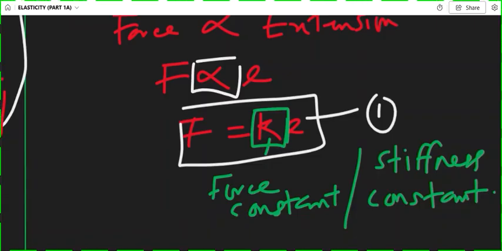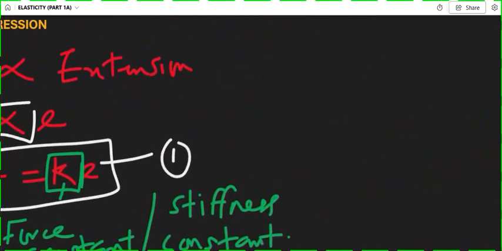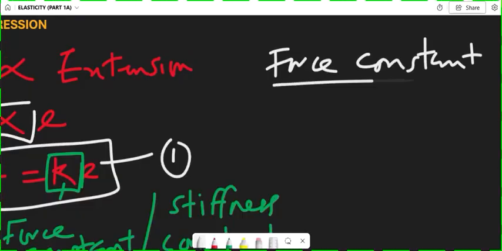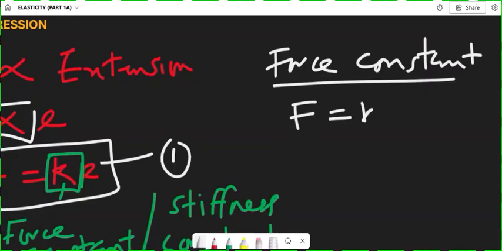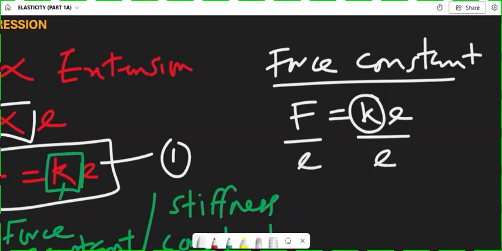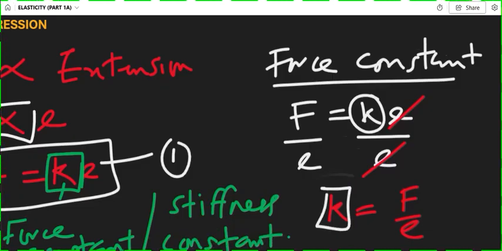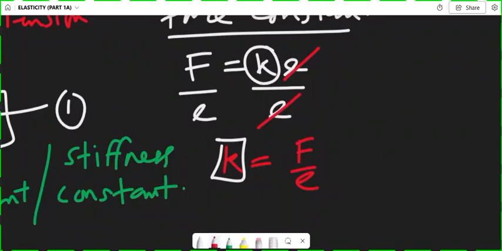Now, coming down to how we can get our force constant. If you look at it, we have F equals KE. And you know that K is your force constant. What are we supposed to do? We need to divide both sides by your extension. So your force constant is K equals F over E, and this is the formula we use to derive the force constant.